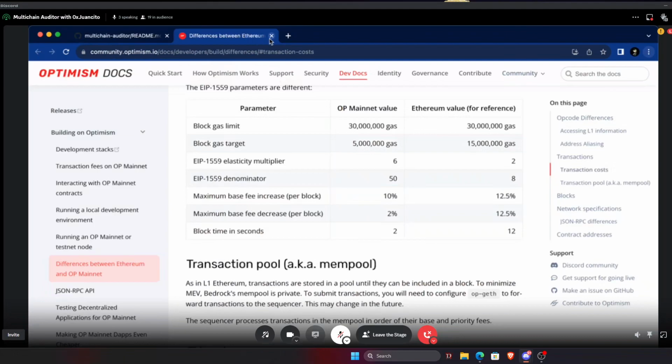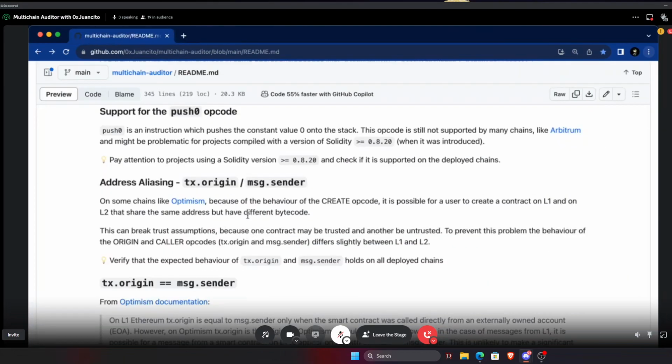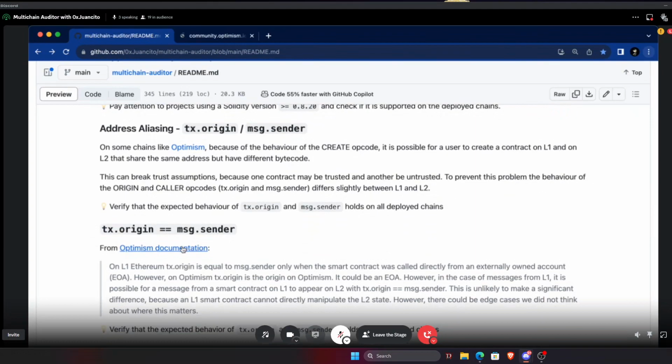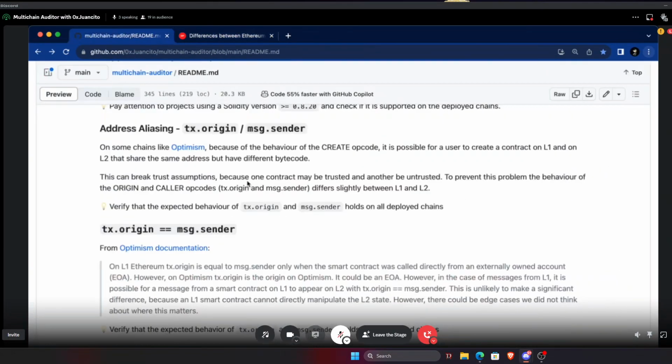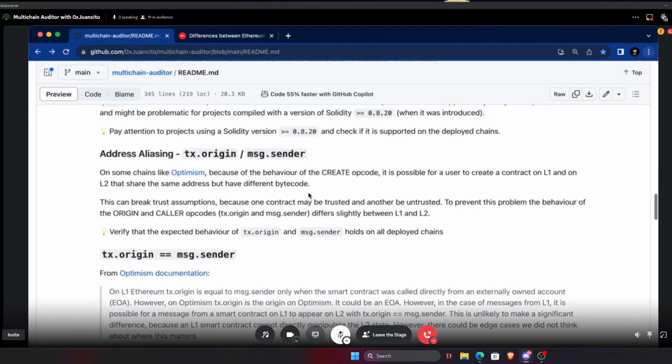There's no link here, sorry. So it might behave exactly the same, but it will be different if you're interacting between a layer 1 and a layer 2. If you send a message from a layer 1 to a layer 2, it might be slightly different. I cannot find it. I might update these checks.